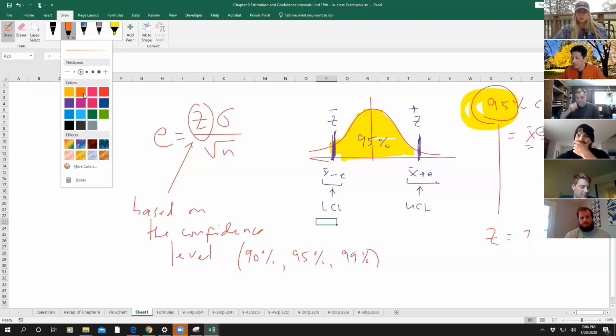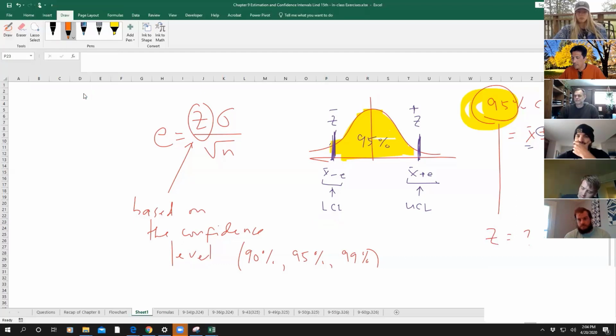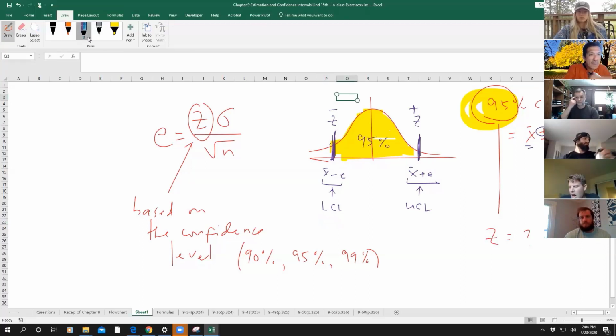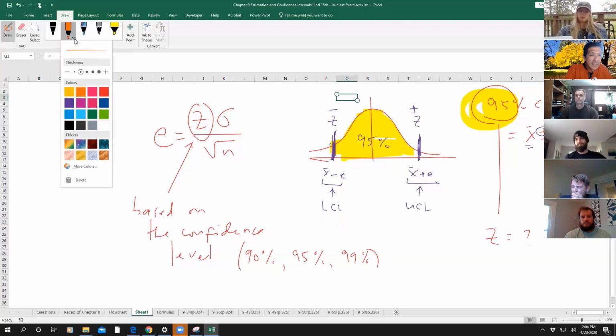Yeah, that's right. So where is 0.475 in this distribution?